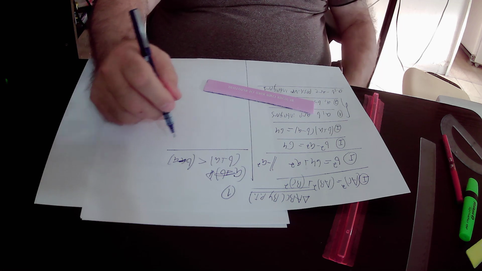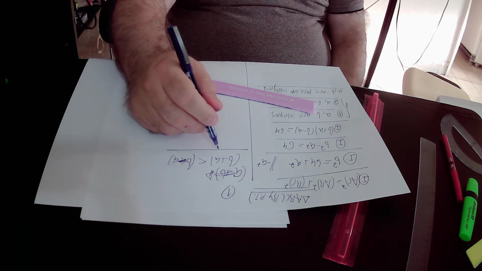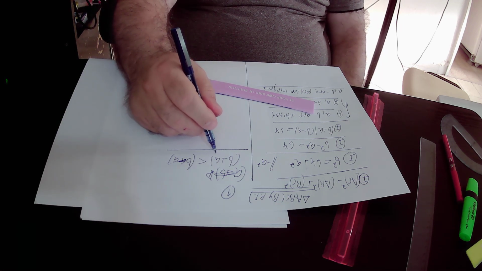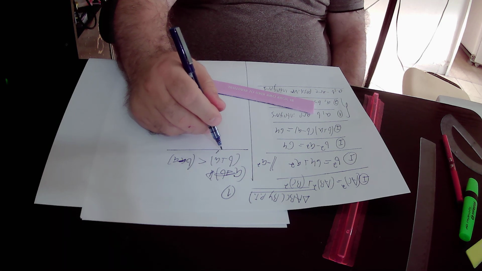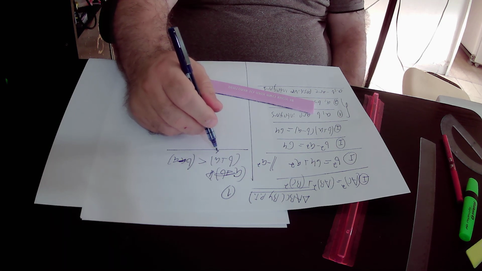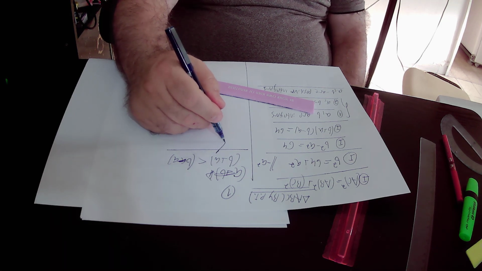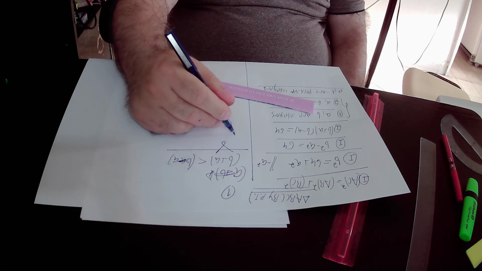And we know that B is an integer and A is an integer, therefore B plus A is also a positive integer.